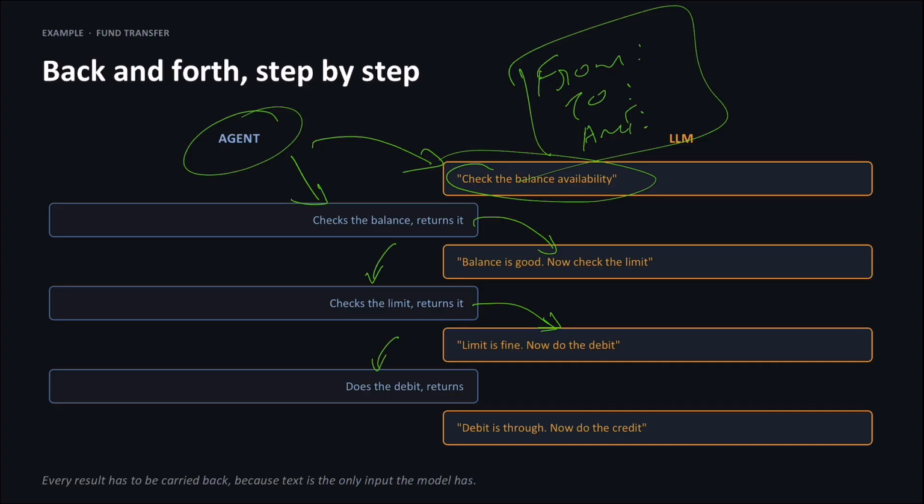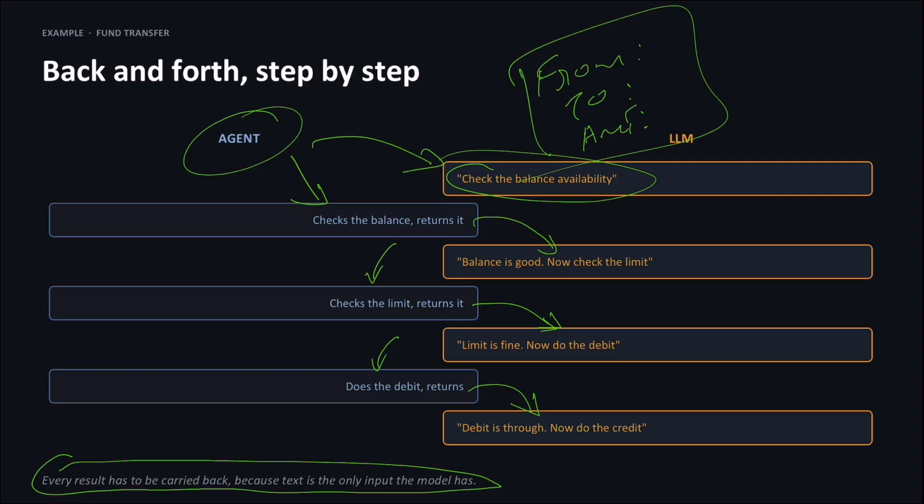Agent does the debit and says that debit is through. The LLM says okay, debit is through, now do the credit, and so on. So every result is carried back because text is the only input the model has, right? So the agent is continuously giving the inputs to the model with the responses, and the model is doing the reasoning part and giving the responses, right?